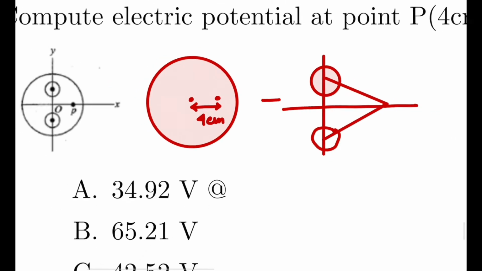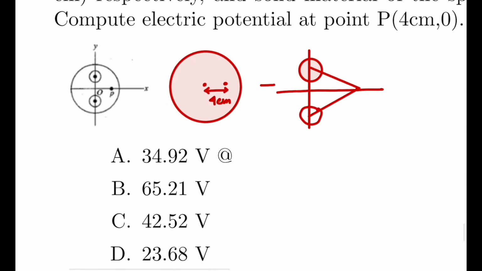Due to the superposition principle, the potential at the point P can be found by first thinking that there is no cavity in the sphere, and finding the potential at 4 cm distance from the origin.